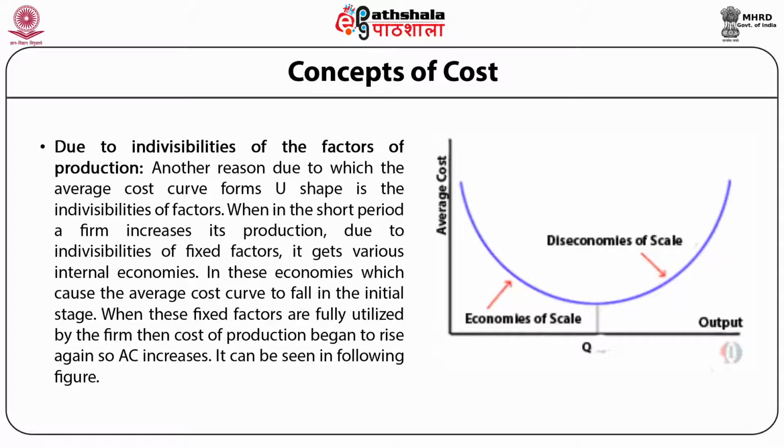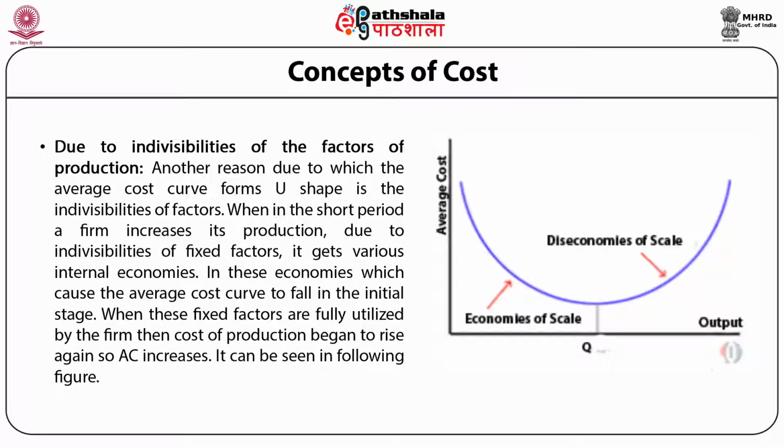These economies cause the average cost curve to fall in the initial stage. When these fixed factors are fully utilized by the firm, then cost of production begins to rise again. So, average cost increases. It can be seen in the following diagram.